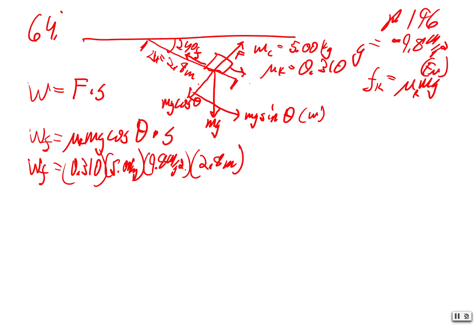I forgot my angle here. I didn't put the angle in. I'm going to put it in right now. Cosine, is it 24 or is it 360 minus 24? 336. Well, let's see. If we say 0.310 times 5 times 9.8 times 2.8 times the cosine of, what did I say? 336, yeah.